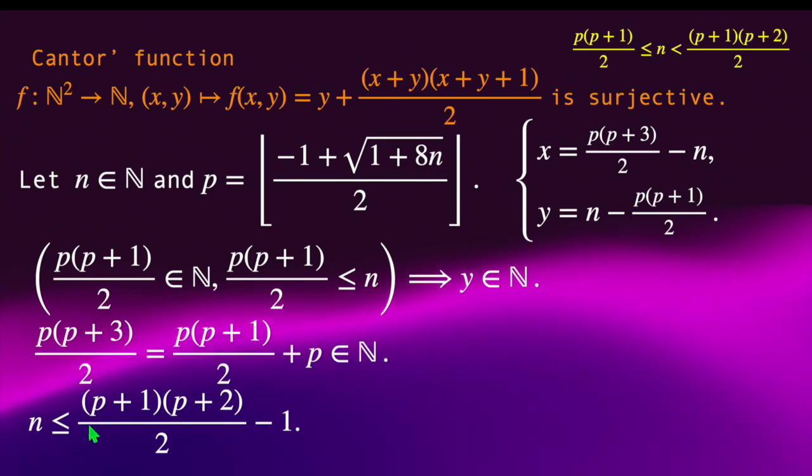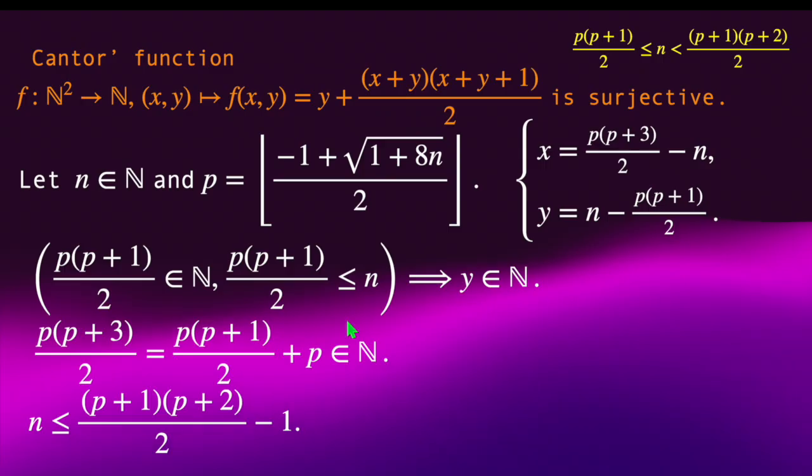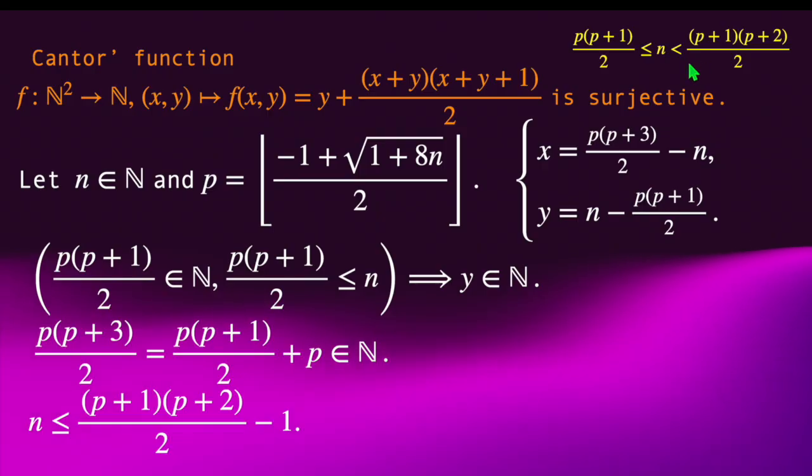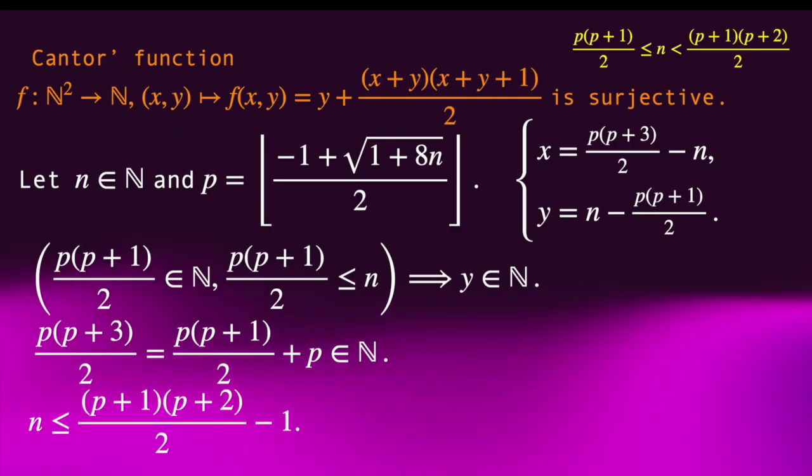So we have this inequality from this one, because n is less than (p plus 1)(p plus 2) over 2, and if you have two integers a less than b, then a is less or equal to b minus 1.